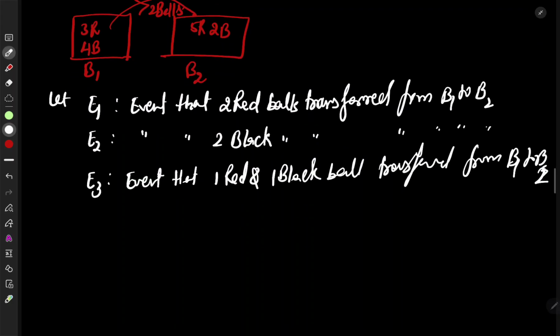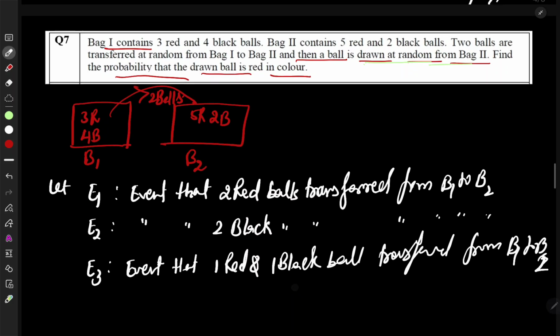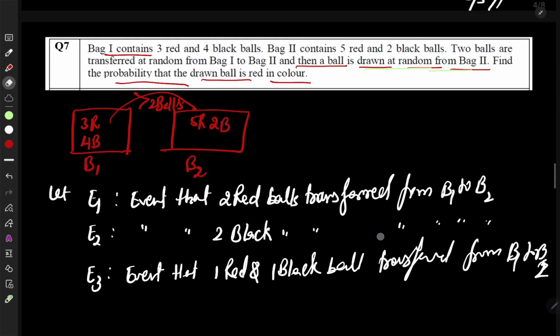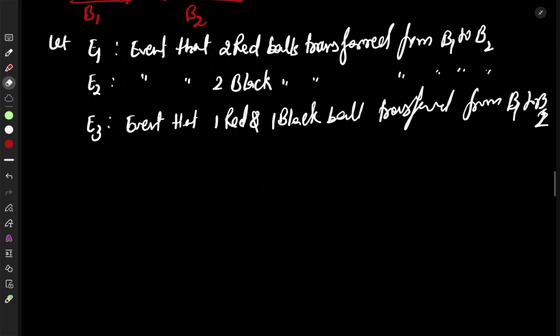Now try to think what will be the probabilities of E1, E2, E3. And after that, when this happened, a ball is drawn at random from bag 2. Find the probability that the ball is red.